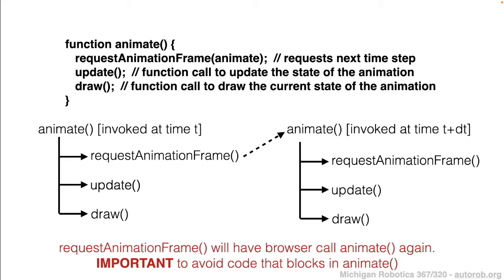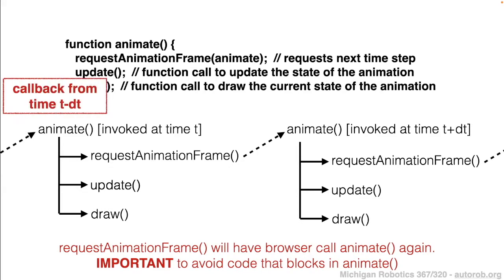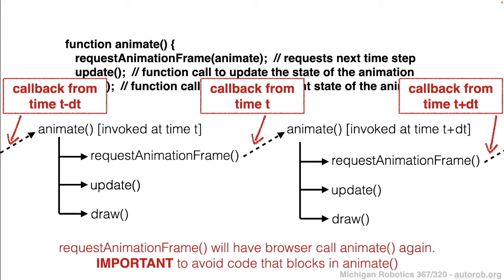If we schematically draw out how this works over time, these are really the core steps. We start out with some initial function, which initializes the animation. We can think of this as being like a callback from the previous time step, or t minus dt to denote the previous time step.